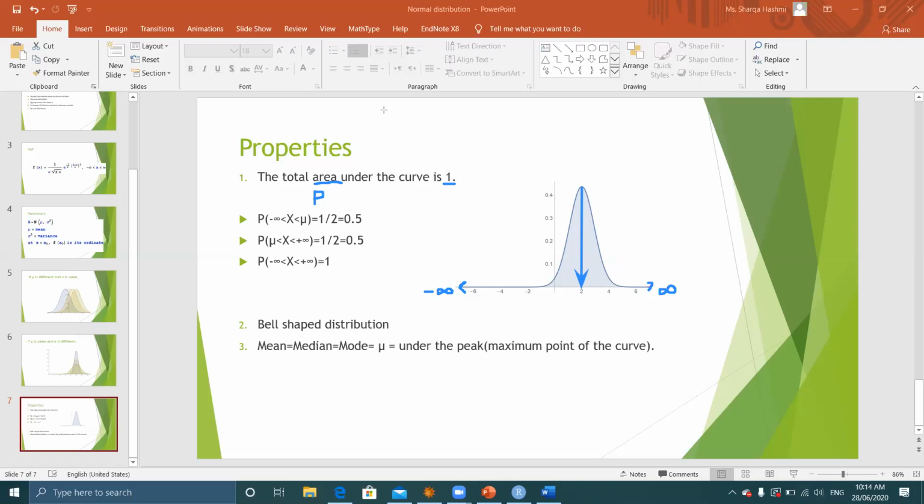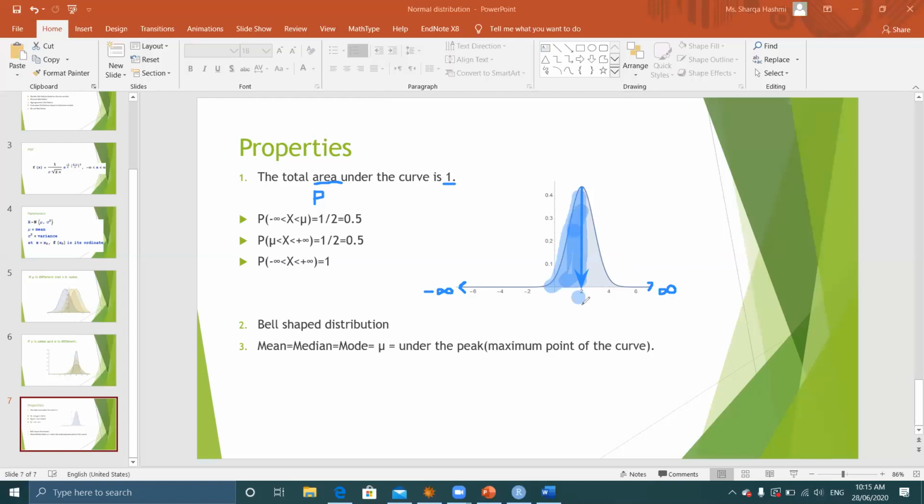So if we shade the area before the mu, which is this one, I'm just trying to shade the area. Actually, shape is very small. This area. So the center point is called mu, and the area below this point is shaded here.